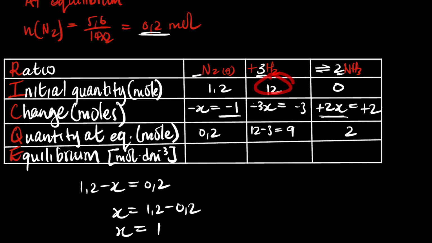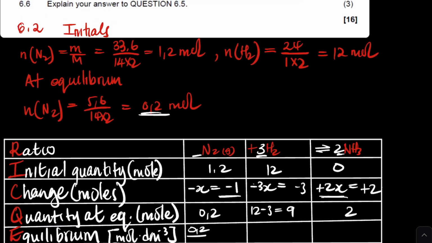The amount available minus the amount used, and this is what remains, which is 9. So these are the number of moles of reactants left at equilibrium. We convert these number of moles into concentration at equilibrium. So we'll say 0.2 divided by, what was the volume?